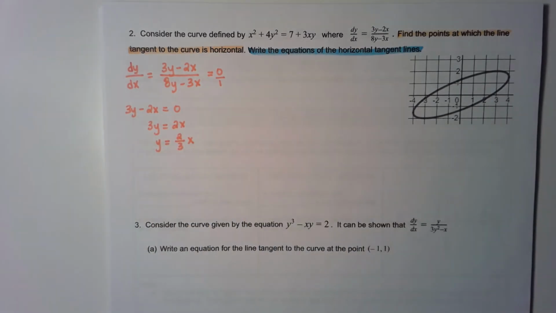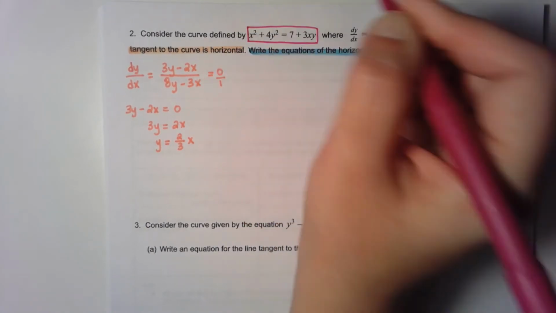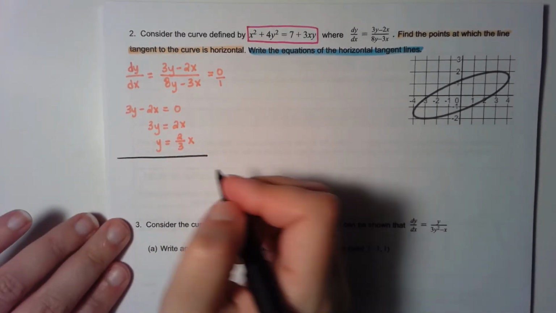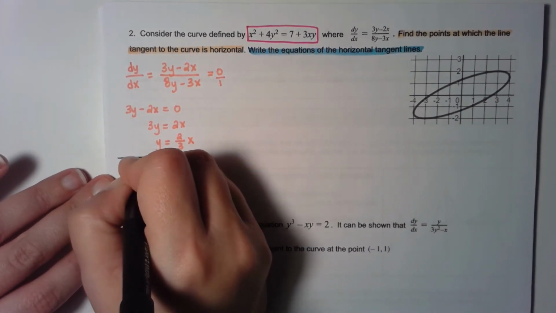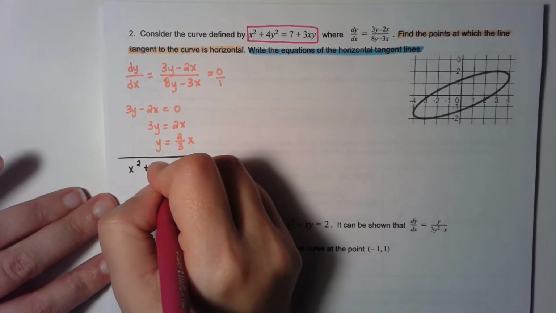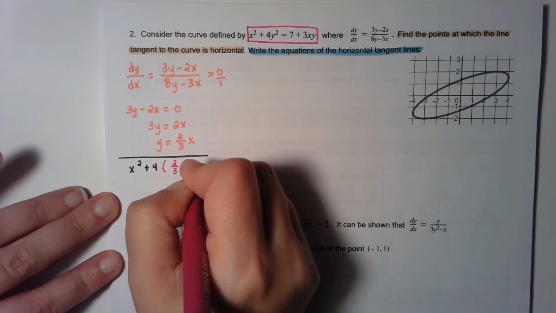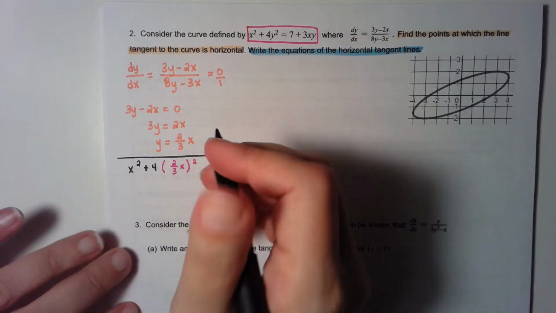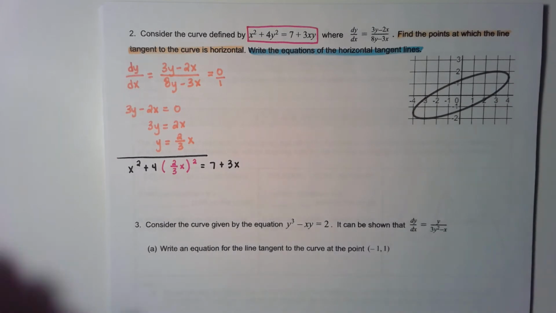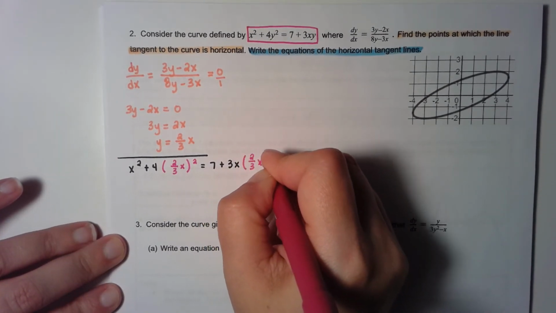Now, just like before, you have a second equation that has x's and y's in it that you can work with here. So you're just going to substitute that. When I substitute, I get x squared plus 4 times, instead of y, just like before, 2/3 x squared equals 7 plus 3x times, and again, instead of y, I'm going to put 2/3 x here.